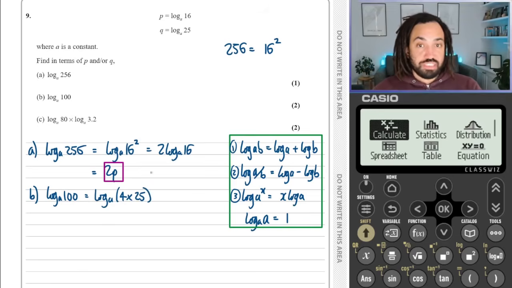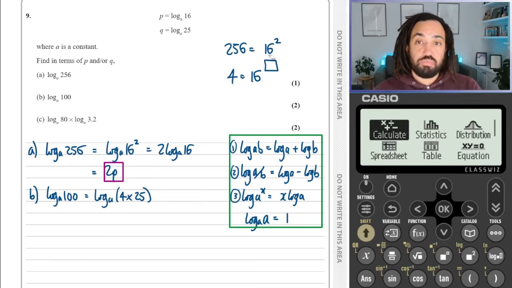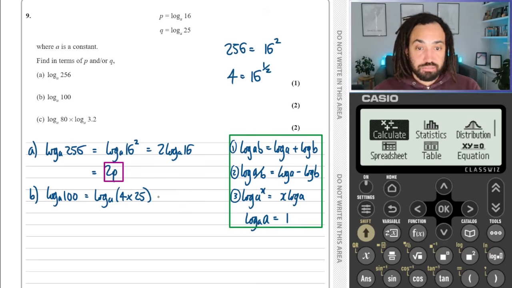So 25 is nice and easy because it's literally right there. But what about 4? 4 is equal to 16 to the power of what? Well, 4 is equal to the square root of 16. So 4 is equal to 16 to the half. So we're going to use that.